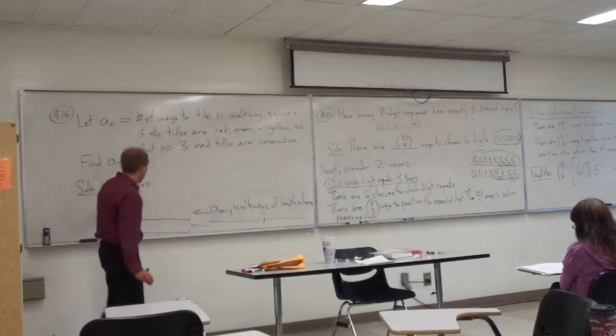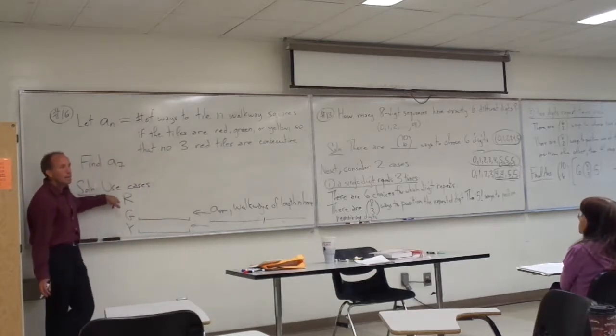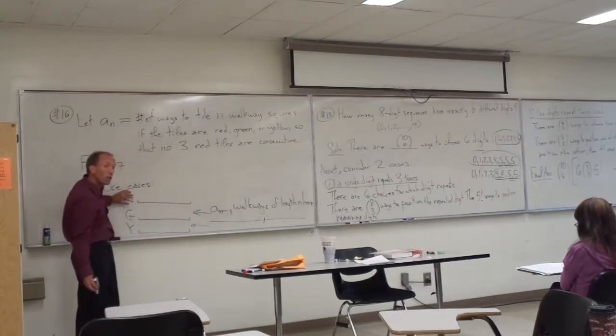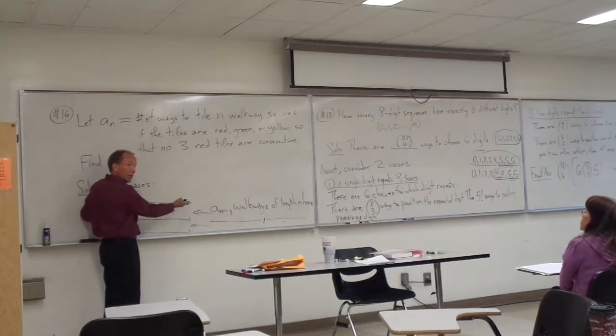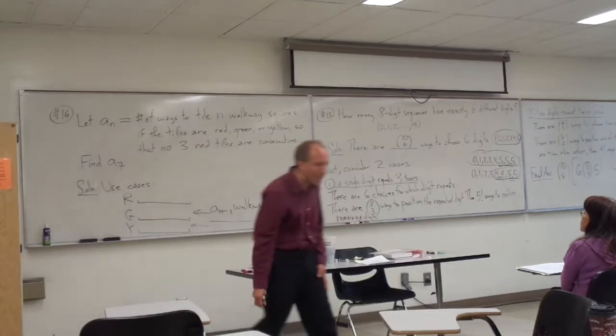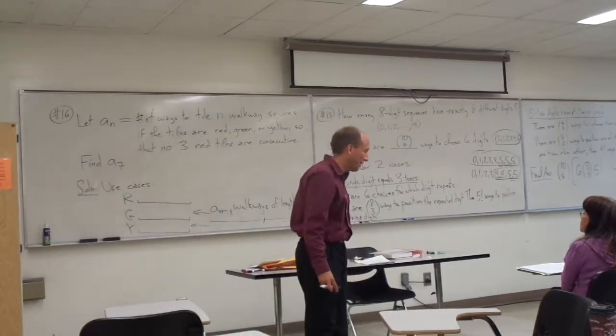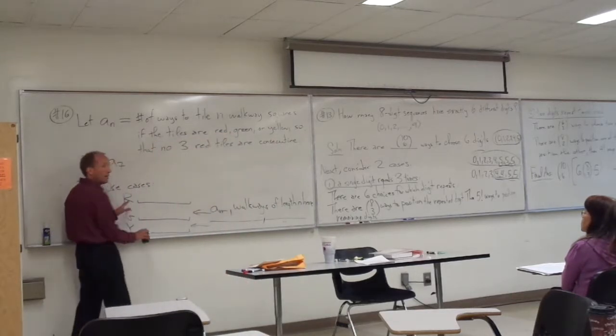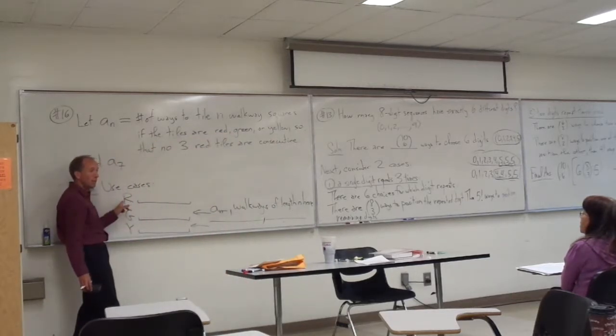But then, can I just leave this like this? You see, the problem with this is that there are legal walkways of length n minus 1 that don't have 3 consecutive reds, but when you tack a red onto the beginning of it, now it does have 3 consecutive reds, which means you didn't want to count it. So the problem here is you don't want to leave that alone. So what do I need to do here? Split this up into other cases.